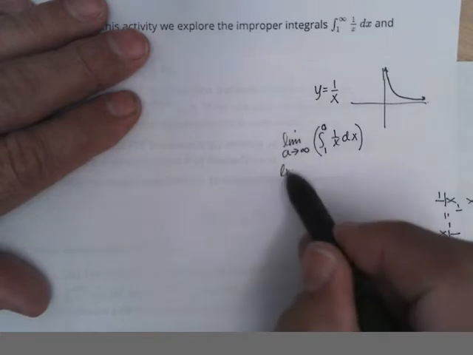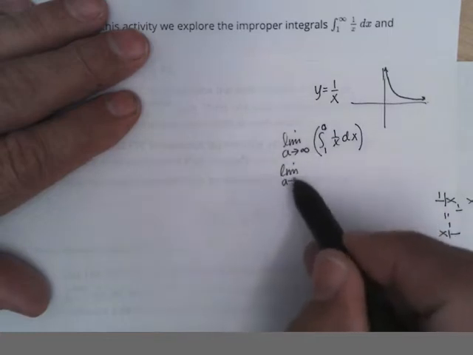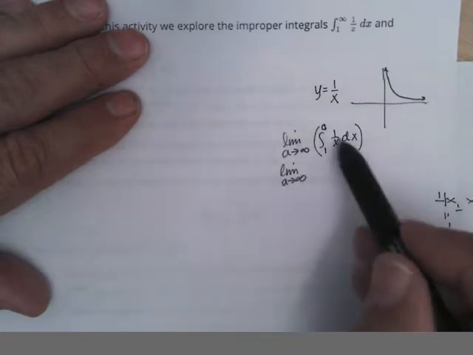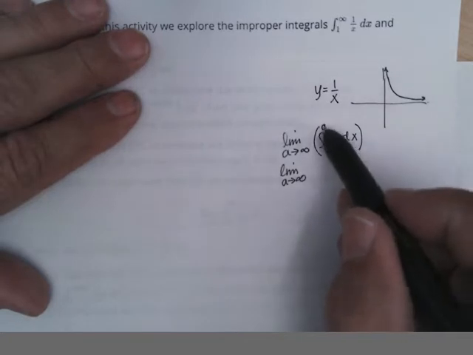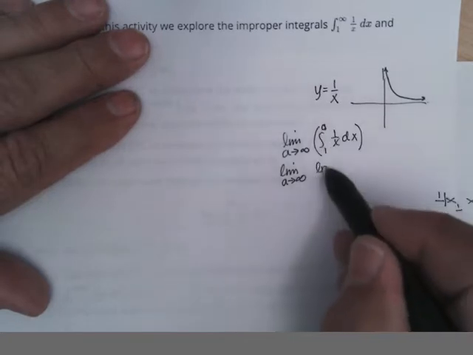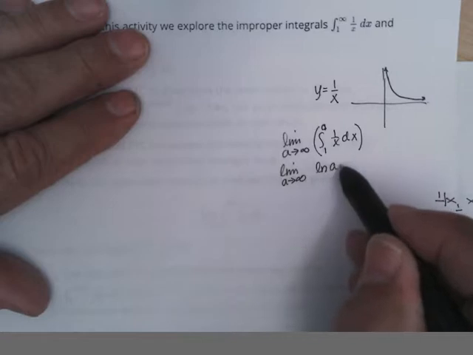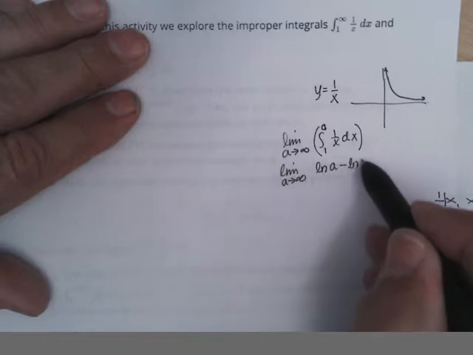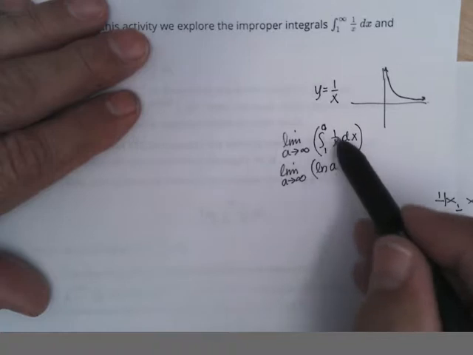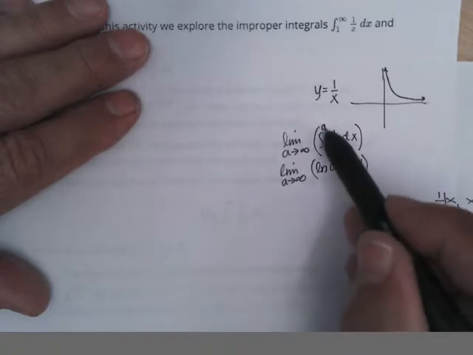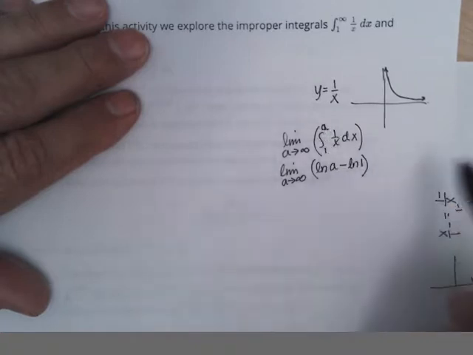The antiderivative of 1 over x is ln x, and then we put in the a, so it's ln a minus ln 1. That's putting in the a first, and then the 1 second.